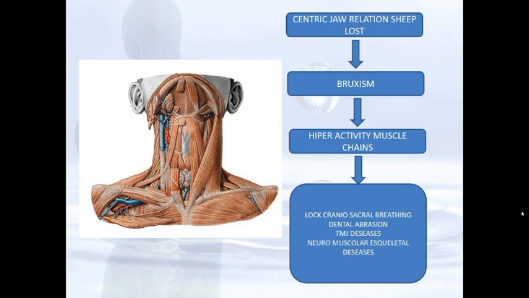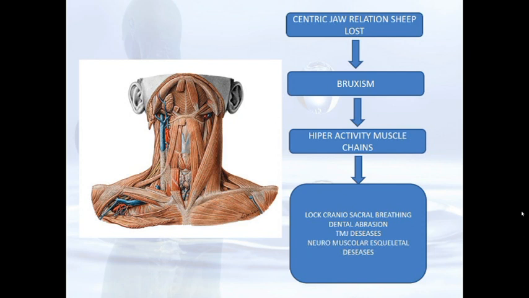When the joint is not in the right position and the teeth are blocking that, it starts the defense, bruxism, to destroy the teeth, because the central nervous system thinks that we are blocked by the teeth and we have to unblock the situation.